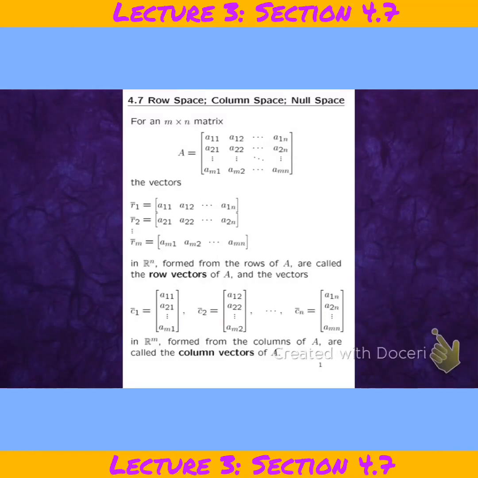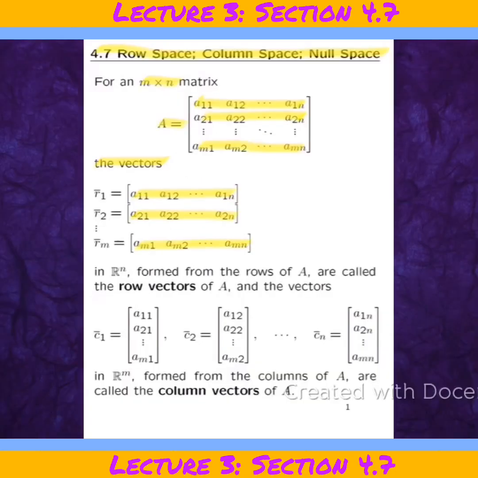Alright, so now we look at section 4.7, which deals with row space, column space, and null space. Recall that for an m by n matrix A with those entries, the following vectors denote the row vectors, the vectors formed by taking the rows.